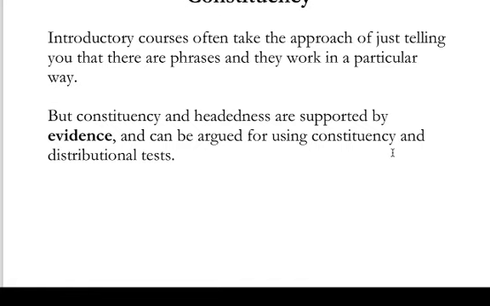This is what all of those diagnostic tests are doing up above. And all of the distributional tests we looked at before that, they're using relationships between different possible kinds of structures to argue for containment or headedness relations, as well as constituency relationships between words in a sentence.